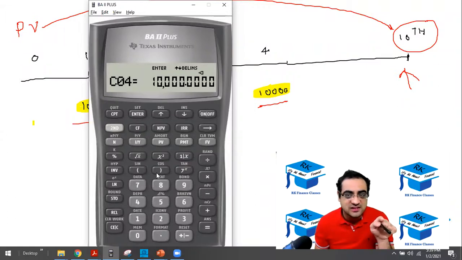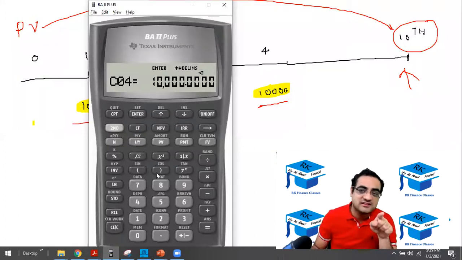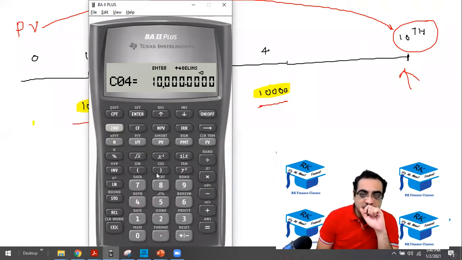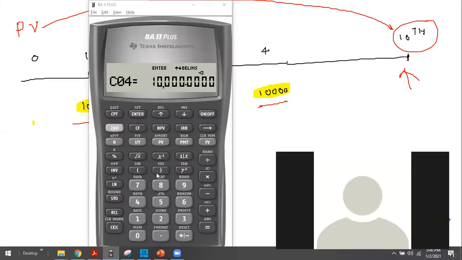Elston, Ajinkya, Mohit, Aditya, Ayush. Preetha, Sanat, Praveen, Aditya, have you got it? Yes, sir. Good.